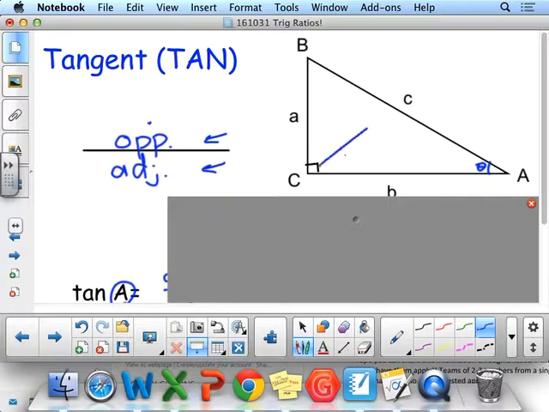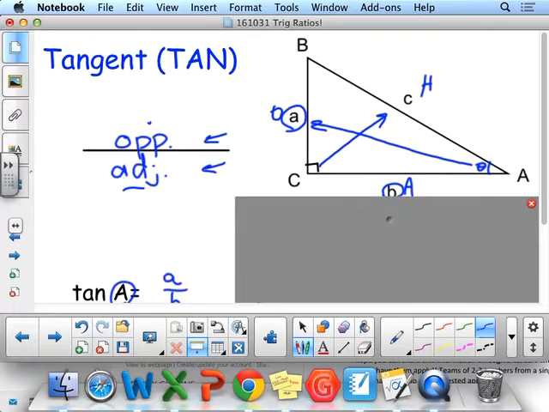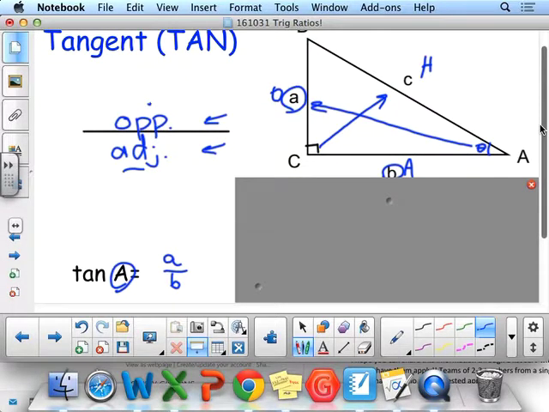I'm going to say, well, this is my hypotenuse, this is my opposite side, this is my adjacent side. Opposite is directly across from theta. So if I want opposite, I'm going to put A. If I want adjacent, I'm going to put over B. So this becomes little a over little b.